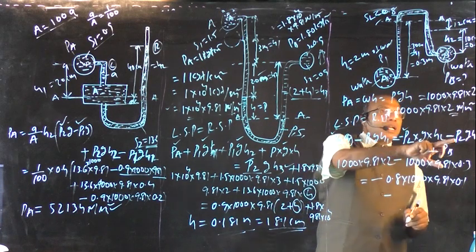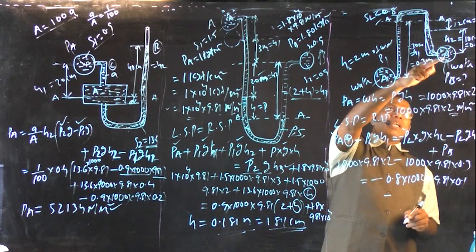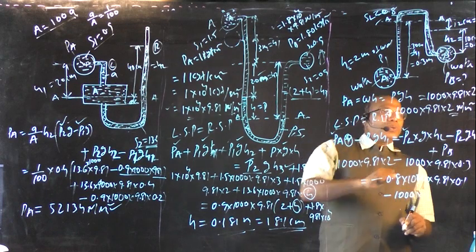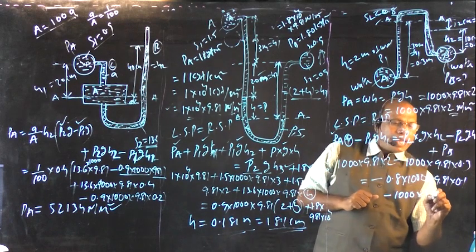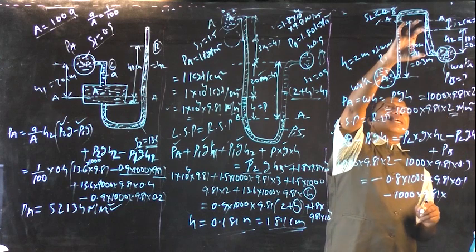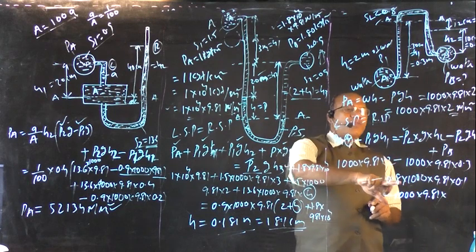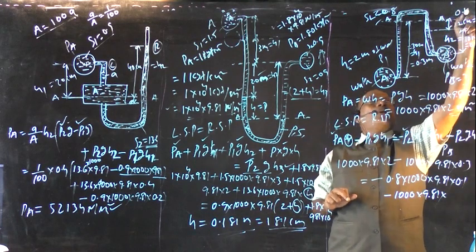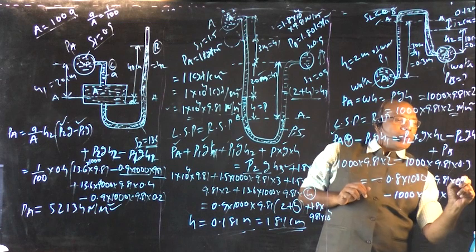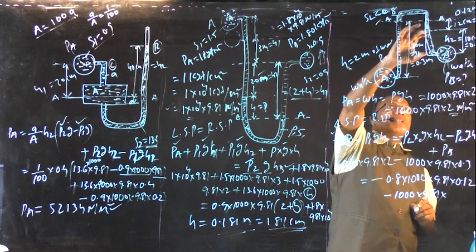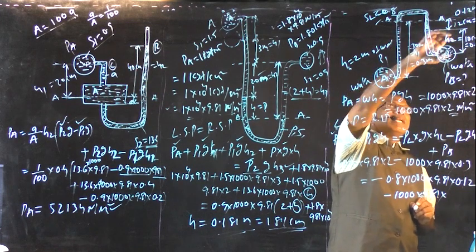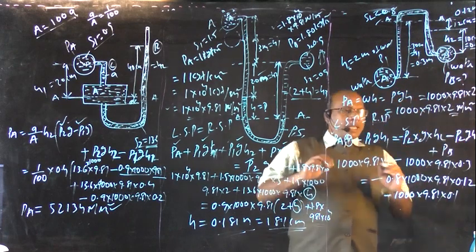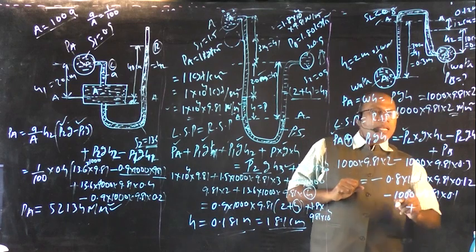Minus rho 2, the density of the flowing liquid here is also water, 1000 kg per meter cube, into 9.81 into H2. The level of the light liquid is 12 centimeters, that is 0.12 meters, and the level of the liquid in pipe B is 10 centimeters, that is 0.1 meter, plus PB.